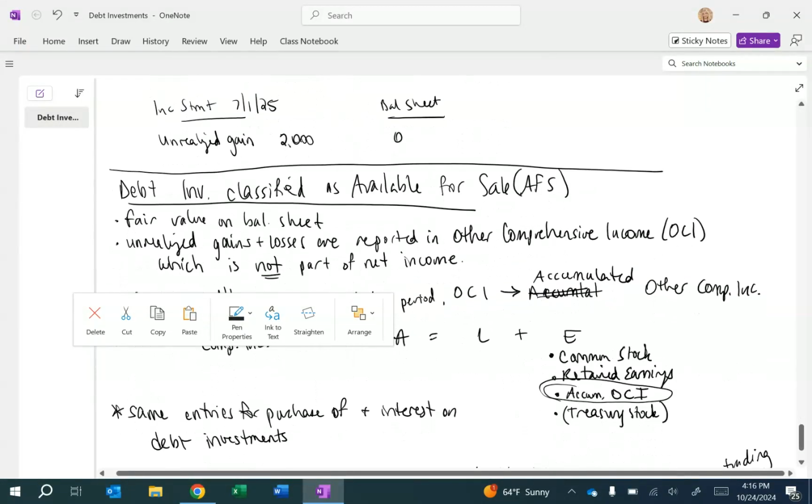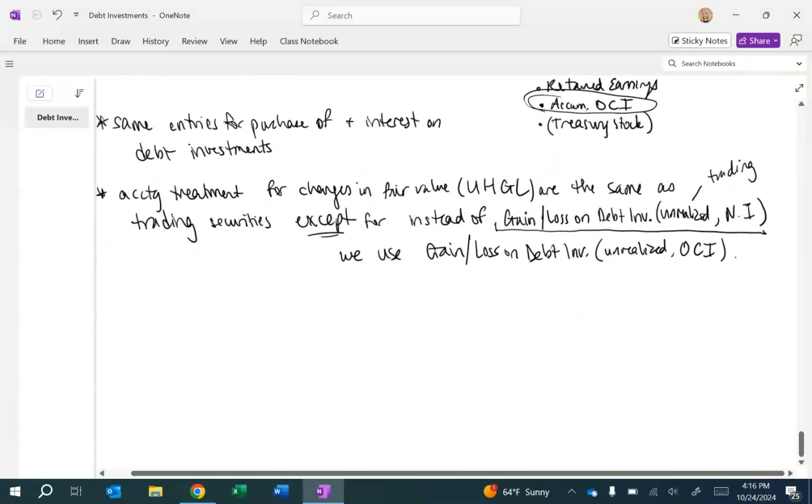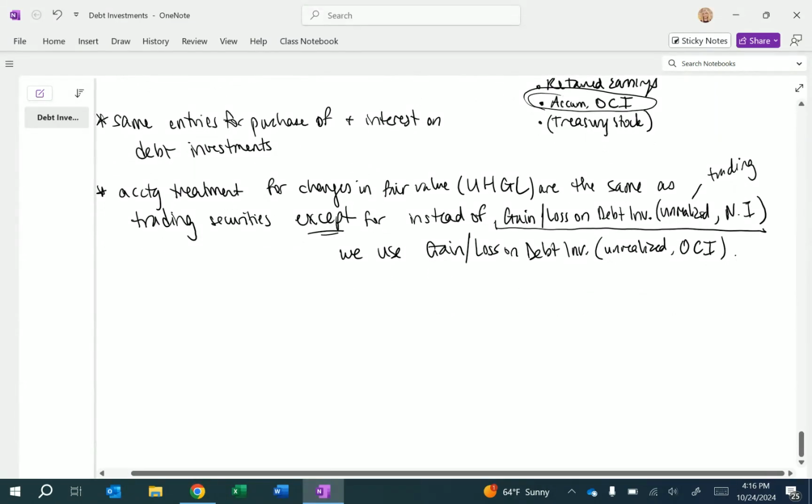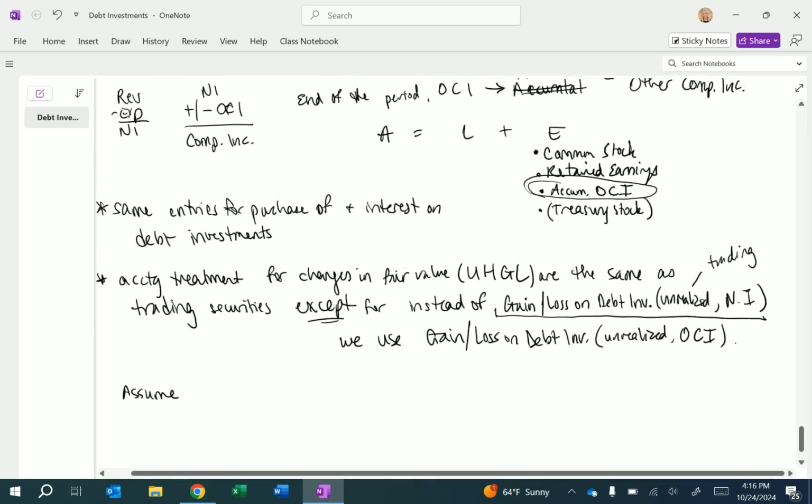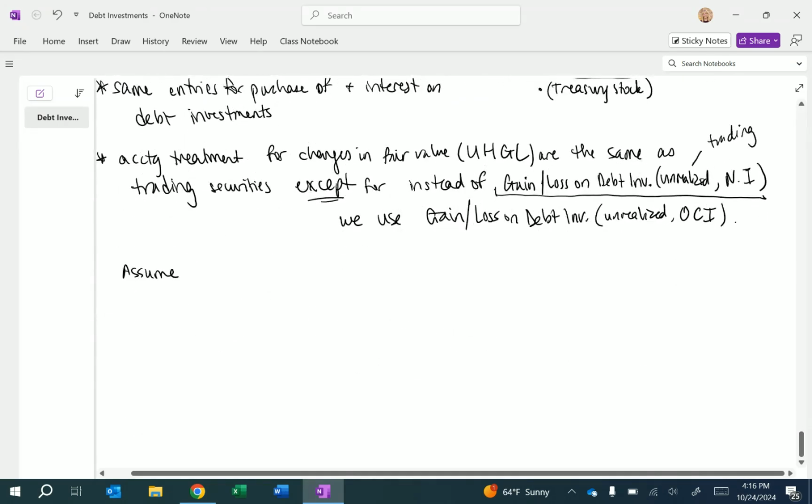Okay, so let's continue with example 1. Assume we've already recorded the purchase of the bond investment, $700,000, and we had to pay 663 something. Then on 12/31, we recorded the cash interest we received.